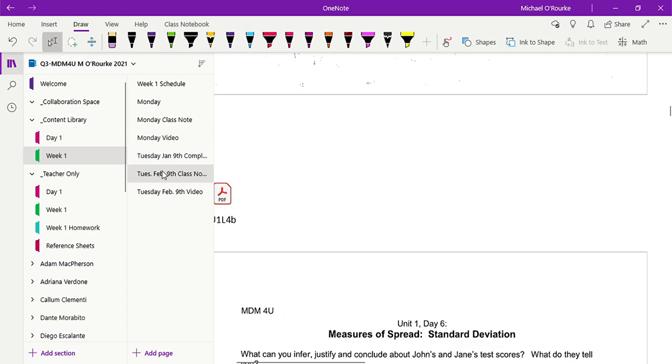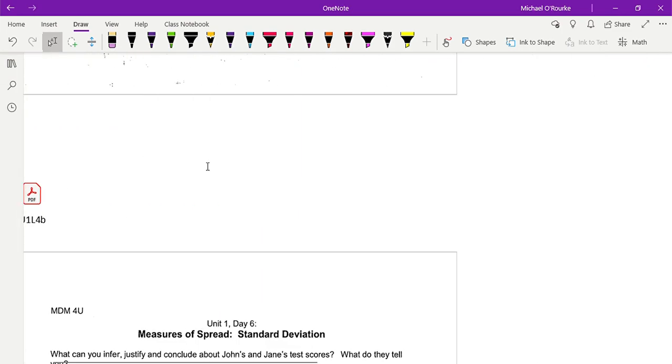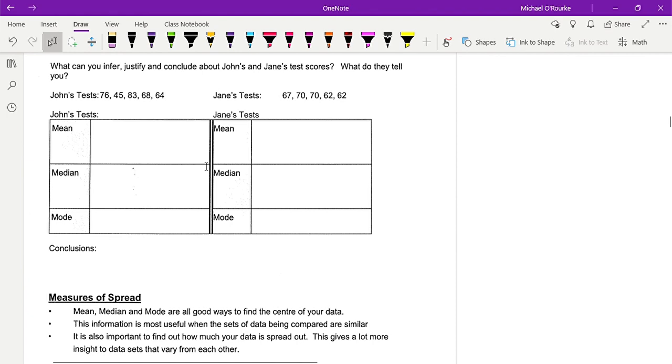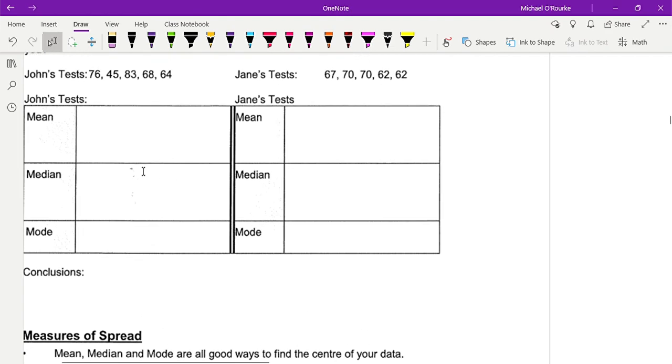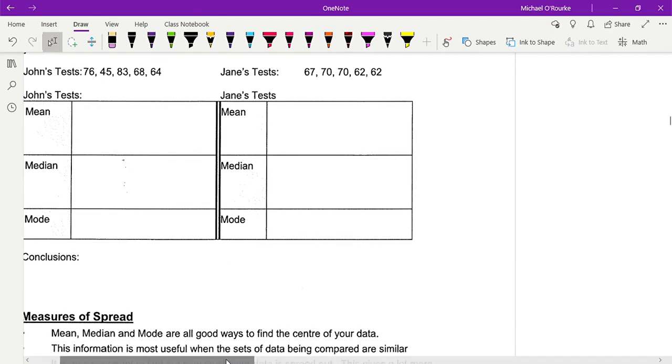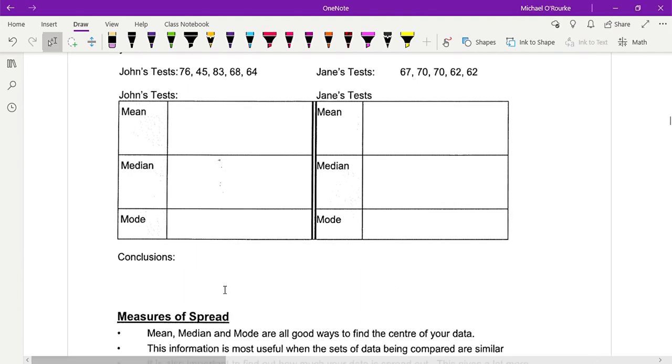Okay? Alright, so the first part of this is not in your package, because we're just going to talk about the importance of standard deviation and things along those lines. You can have a separate piece of paper and jot these numbers down and practice along those lines.